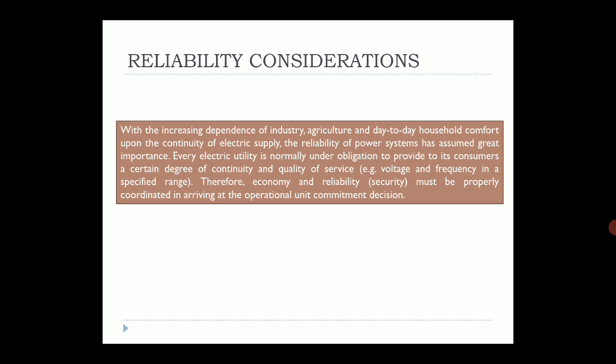So that is what the book says, that reliability is basically the security part: you cannot allow the voltage to fluctuate, nor can we allow the frequency to change. So we have to think of unit commitment but also keep the reliability in mind.